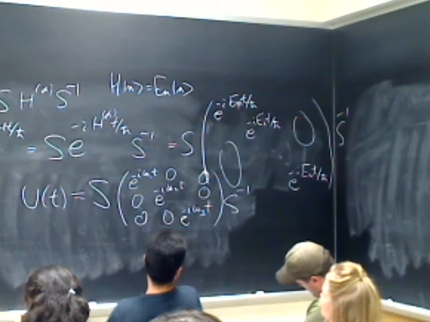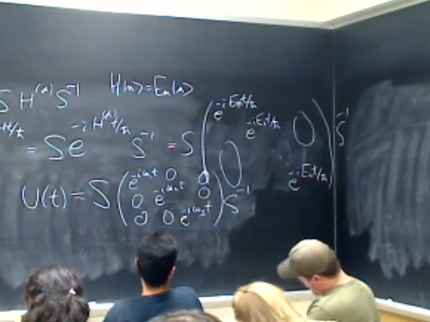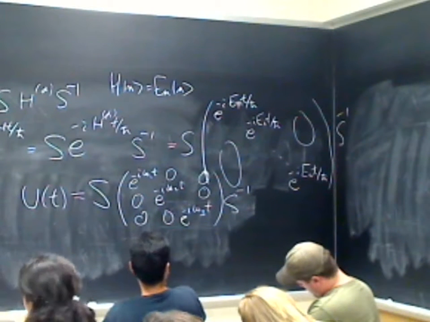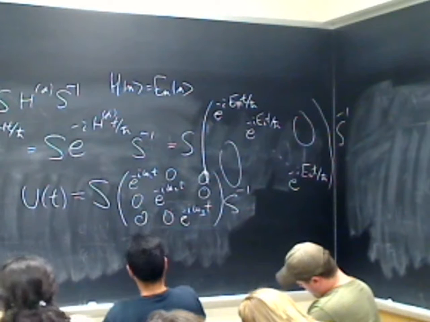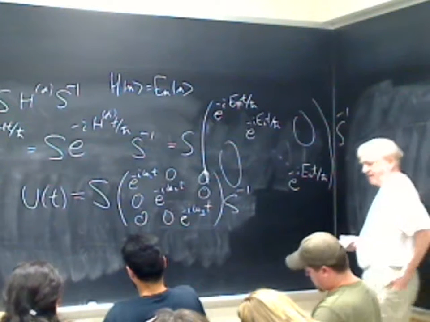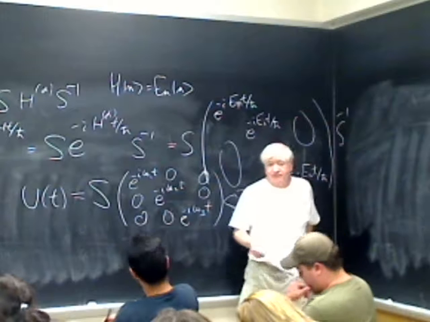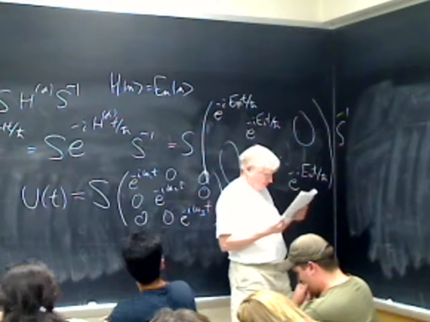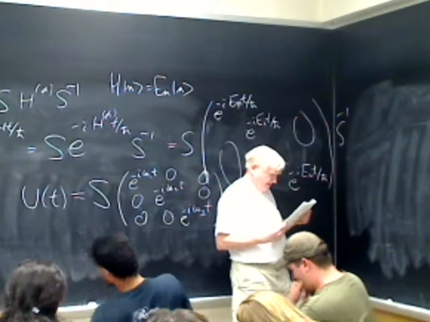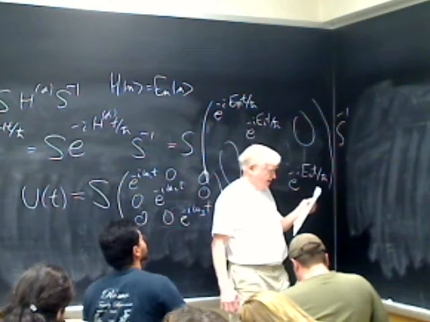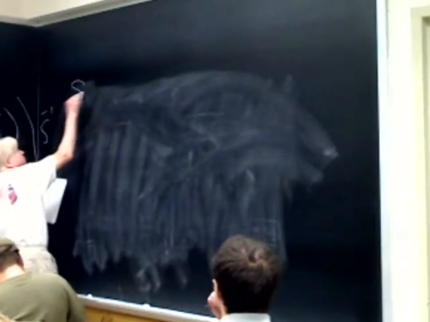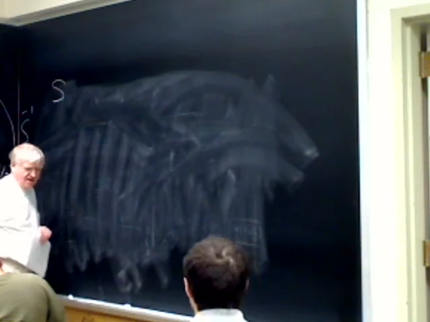One more example. Let's suppose we have a system described by a density operator rho. Then we can ask, well, what is the entropy of a system described by density operator rho? The answer is the entropy S. All right, now this is unfortunate.